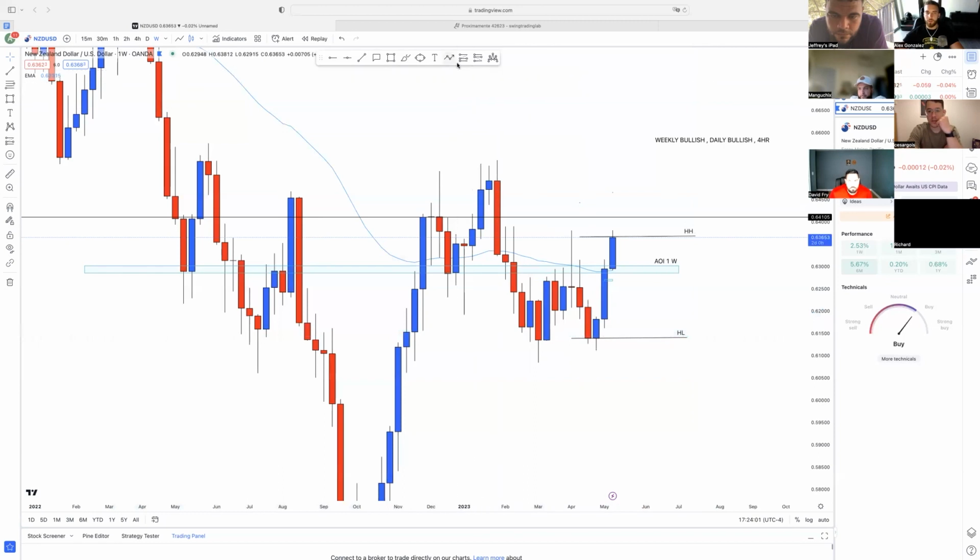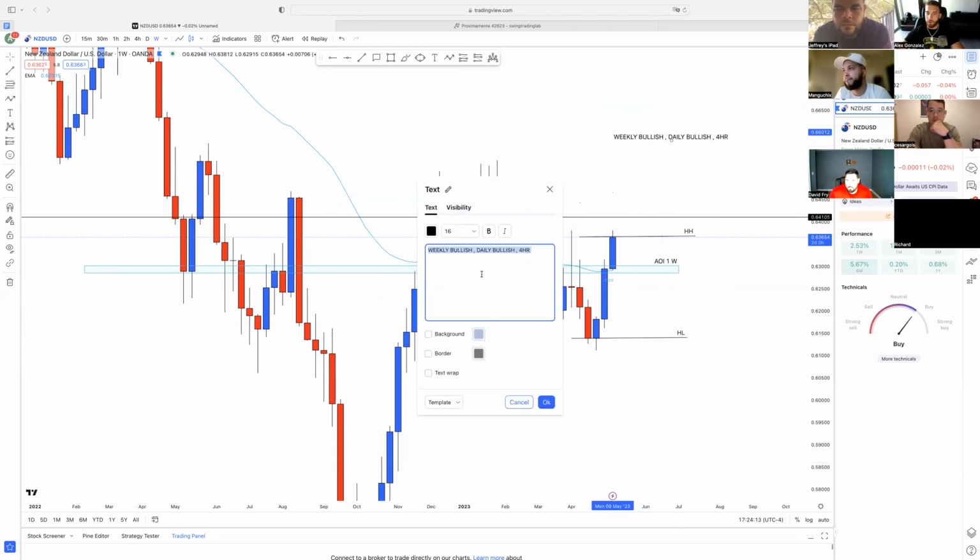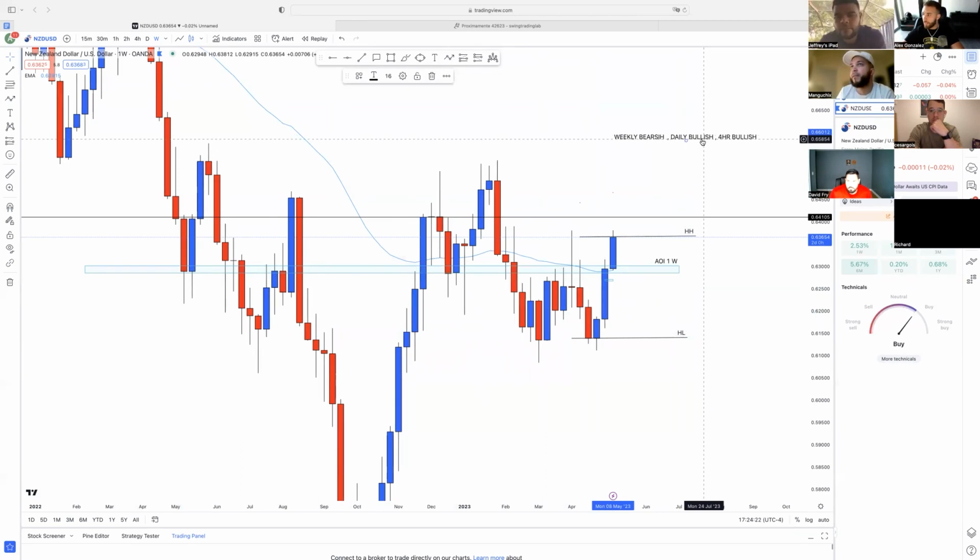So we understand that for the weekly, we have to come back here to then buy. This is where we go down to the daily, because we are looking for areas of interest on both time frames if both of them are bullish. If the weekly were bearish and the daily bullish, we would only look for an area of interest on the daily, because you can't look for an area of interest to buy if the weekly is selling. Does that make sense? I'm going to say it again.